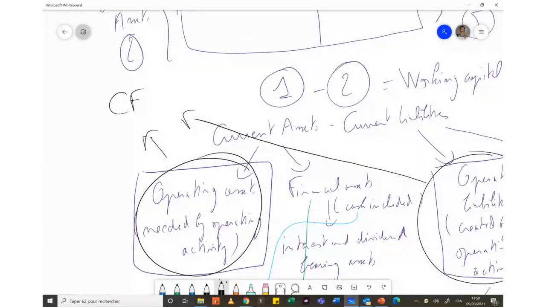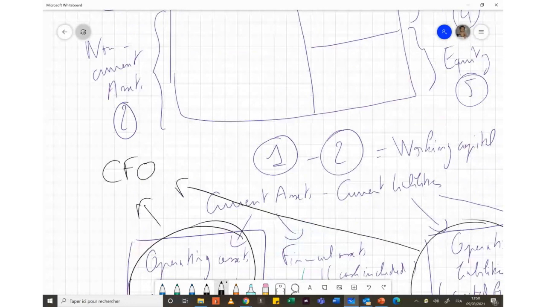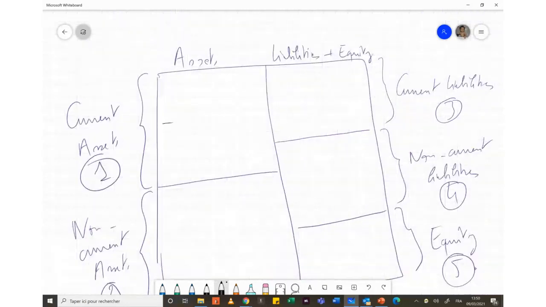So inside the current assets, we can separate the current operating assets from the current financial assets.